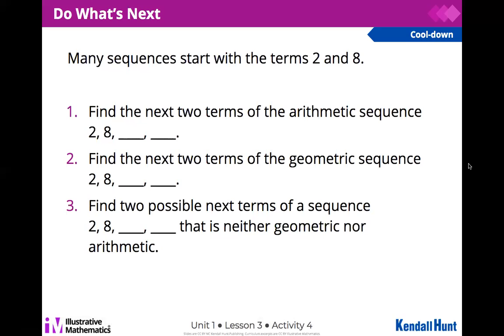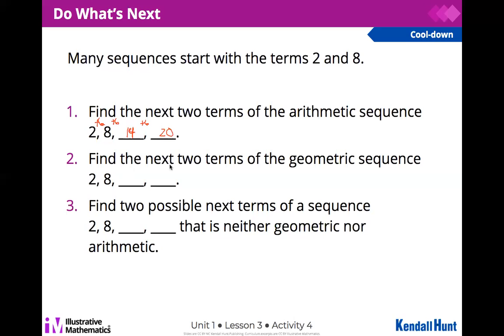All right. So the arithmetic sequence, remember, this is when we're going to be adding or subtracting the same number from one term to the next. So I'm just going to identify, what am I adding to 2 to get to 8? I'm adding 6. So I'm just going to keep adding 6. So 14 and 20 would be the next two terms.